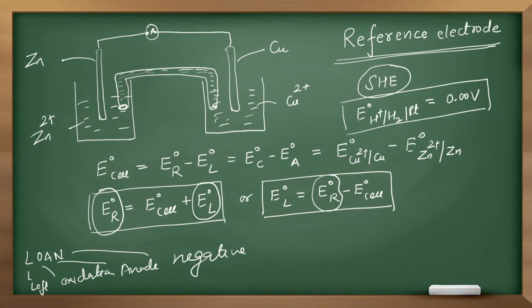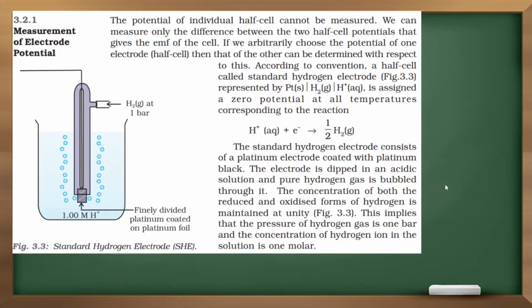This is the standard reduction potential. See, in this case, this is finely divided platinum coated on platinum foil, and this solution is 1 molar H plus ion concentration, and hydrogen gas is bubbled through it at 1 bar pressure.